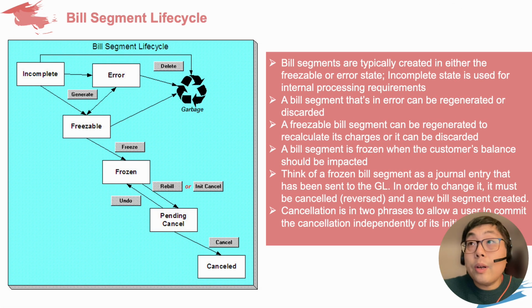As I mentioned, there is no life cycle such as business object life cycle defined, but still in the system you will see the bill segment life cycle is recorded as status code, and you can see on the left hand side this is the life cycle where the bill segment is coming from beginning to the end in this way.